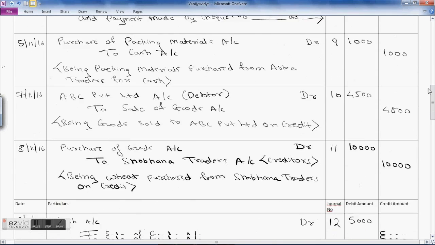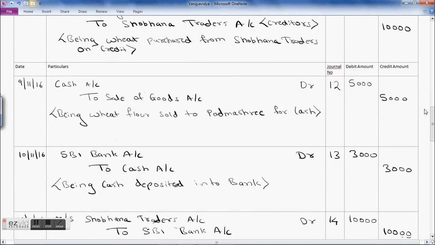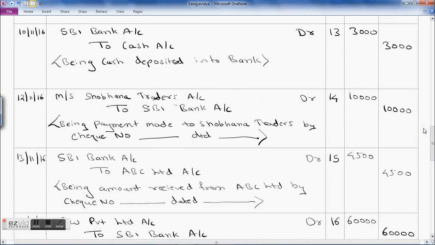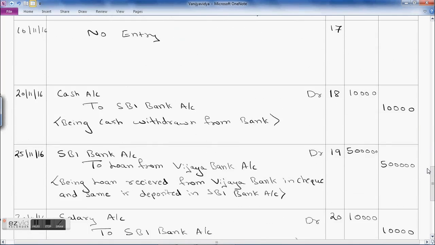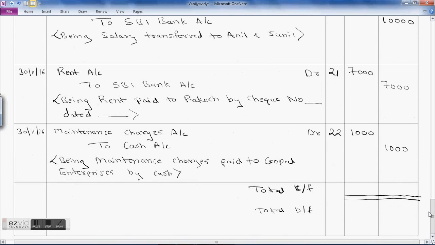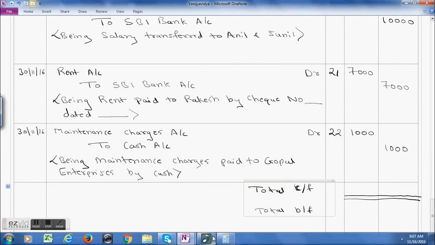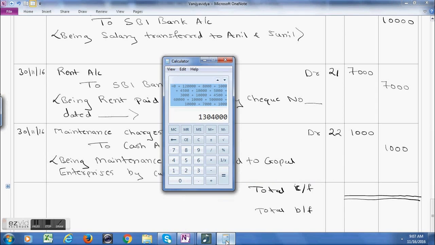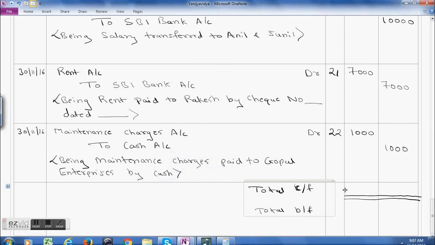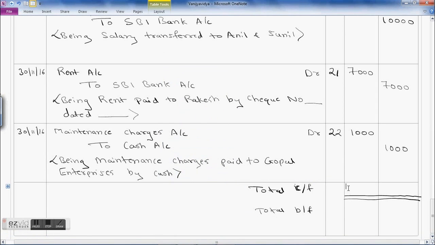Just take a total of all the entries. Okay, so I took it on the calculator. It comes to 13,04,000. So we just have to write it here, 13,04,000, and the credit side also 13,04,000.